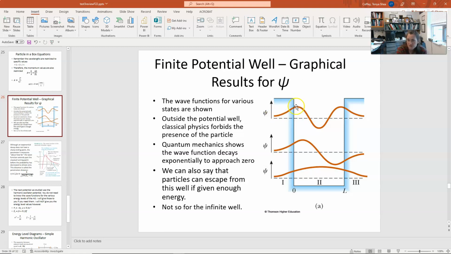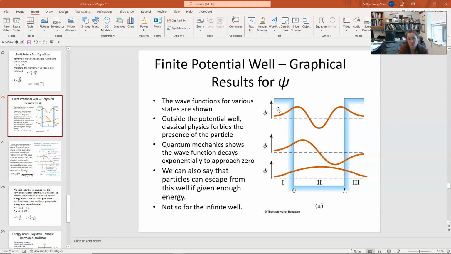This means, of course, that the particle has a certain finite probability of being inside the wall, even though it technically doesn't have enough energy classically to penetrate into the wall. It can do so. The reason for that is the Heisenberg uncertainty principle. If you think about it, the particle has a kinetic energy which is less than the height of the well, all right?